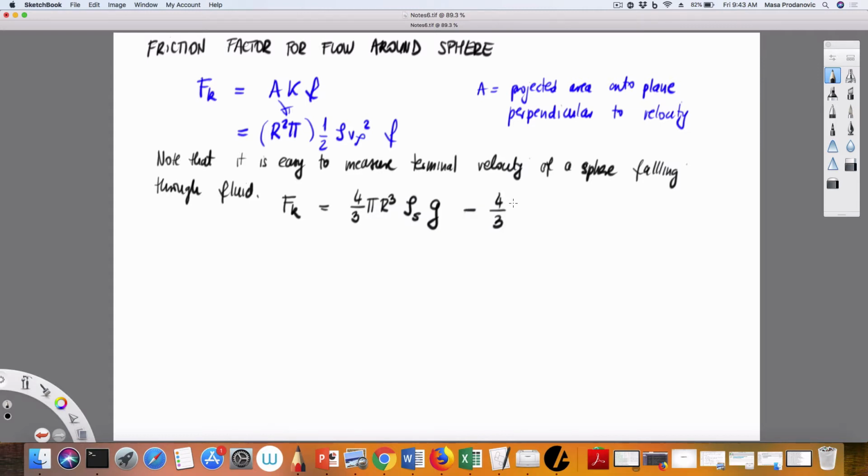Minus the buoyant force, which is the weight of the displaced fluid, rho f g. When I put that in the formula, I get that my F is this F_k. And now my V infinity will be replaced with that terminal velocity.